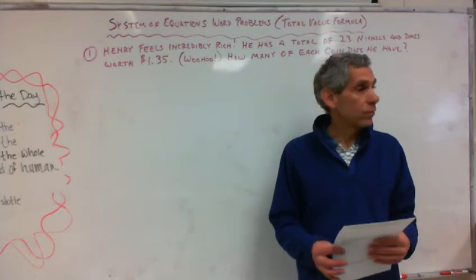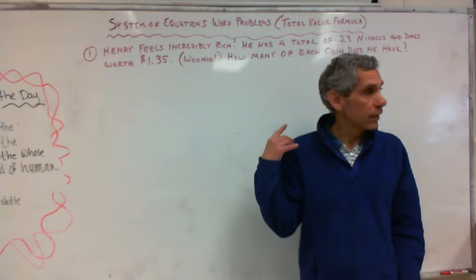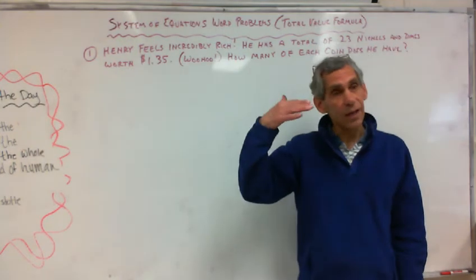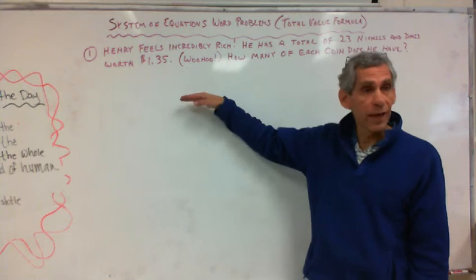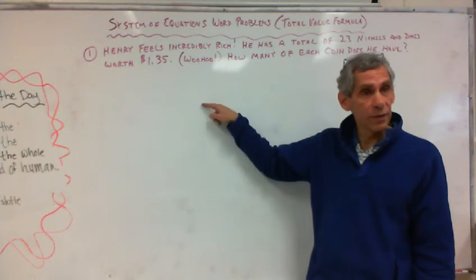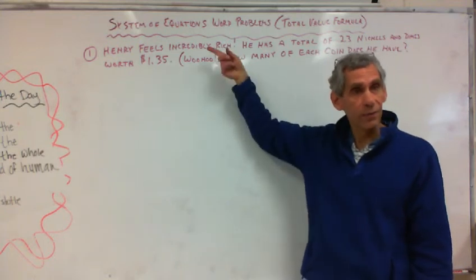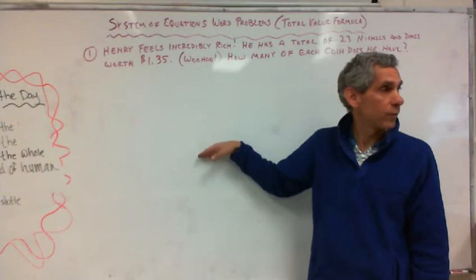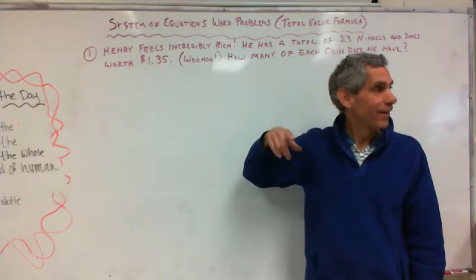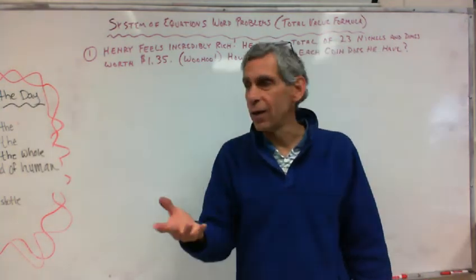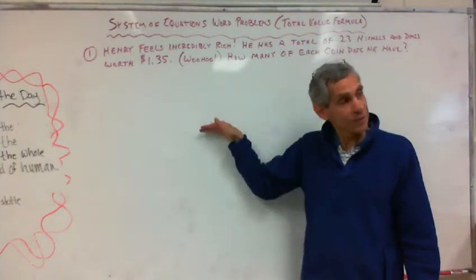On a test sometimes, if you don't know how to do something like this and it was multiple choice, you could always go to A, B, C, and D and see, well, does this add up to that, right? You could always go backwards, start from the answers and go backwards to see if you get what it should be, right? And that would be another method of checking your guess and check method, right?